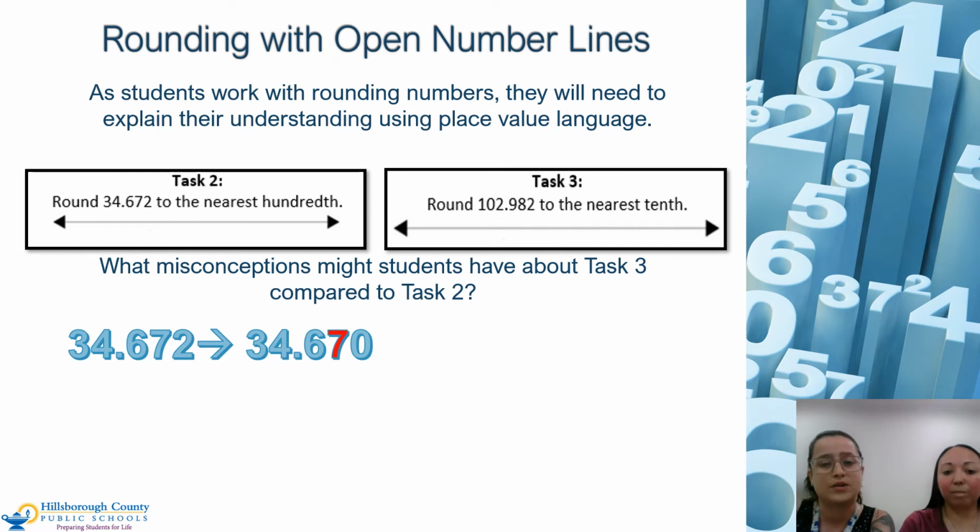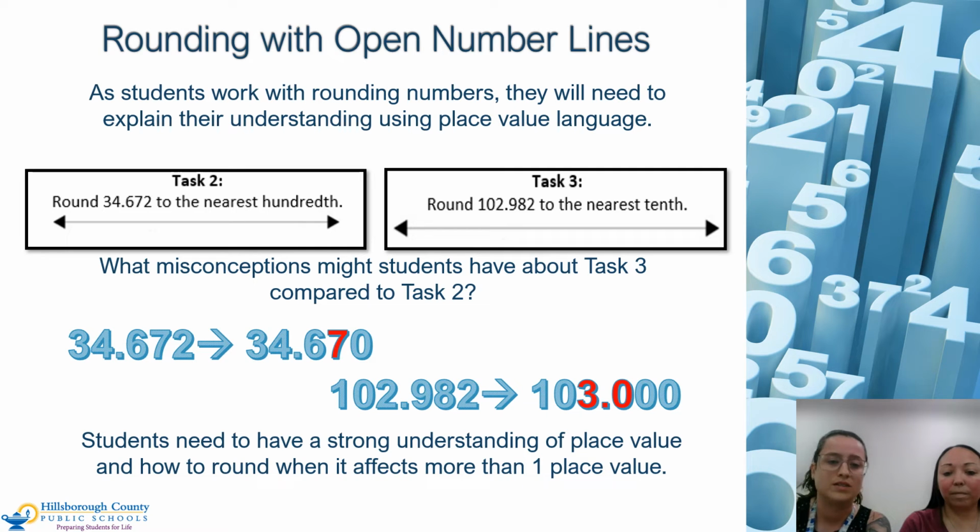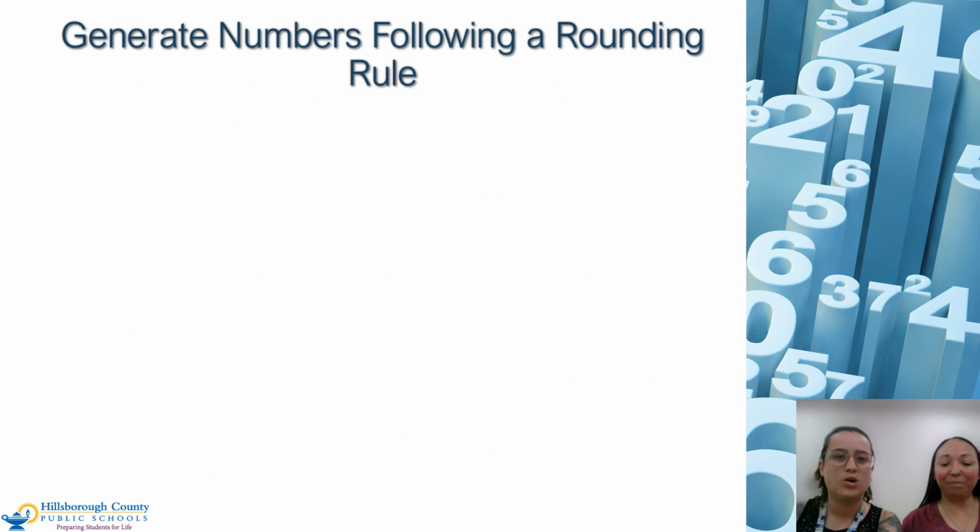If you look at task number 3, multiple digits are going to be affected when I round to the nearest tenth. In order for students to understand this, they have to understand that bundling process, that when I have 10 of a certain unit, I go to the next place value. This is really critical in tasks like number 3, where students have to understand what happens to multiple digits while rounding a number.